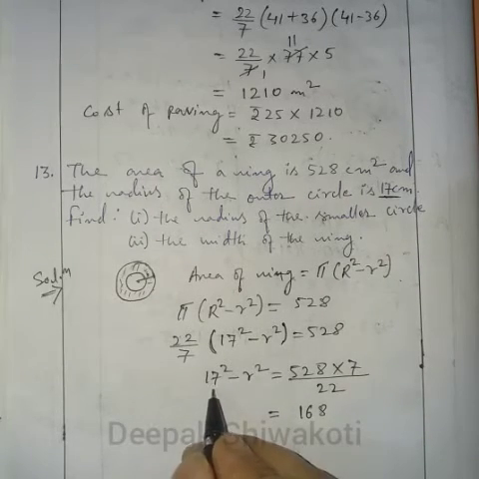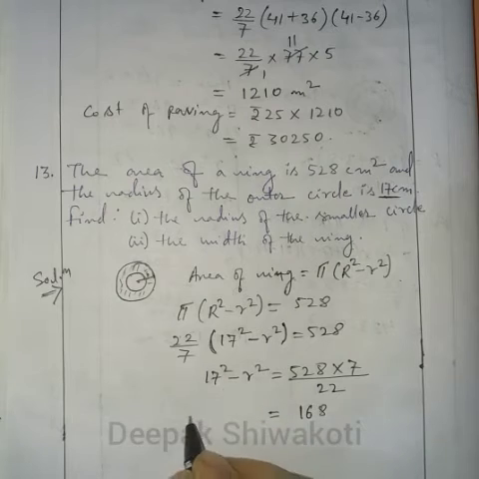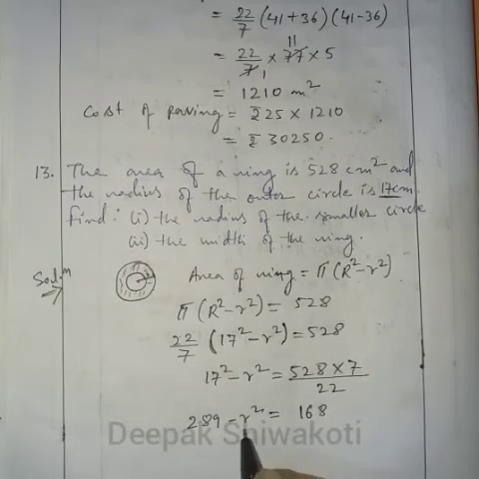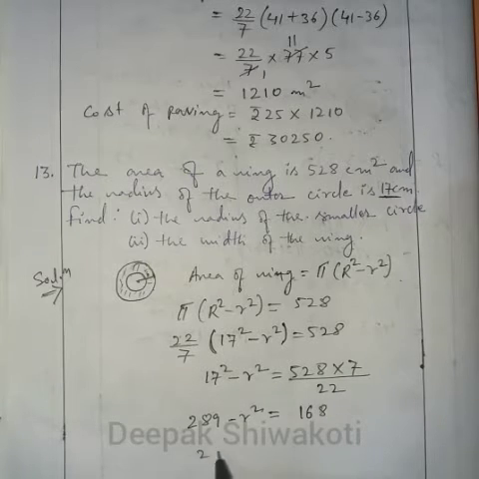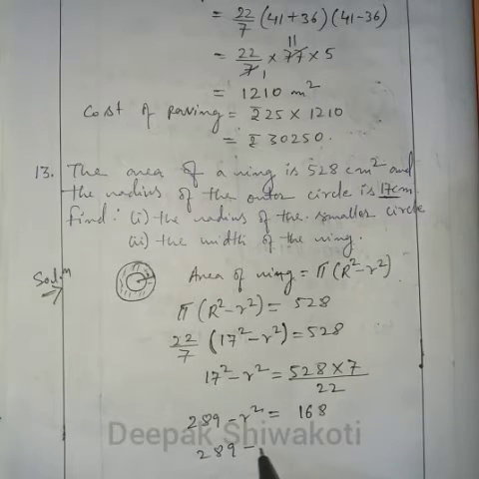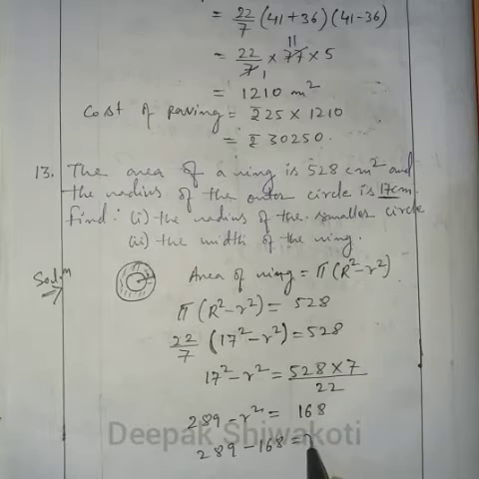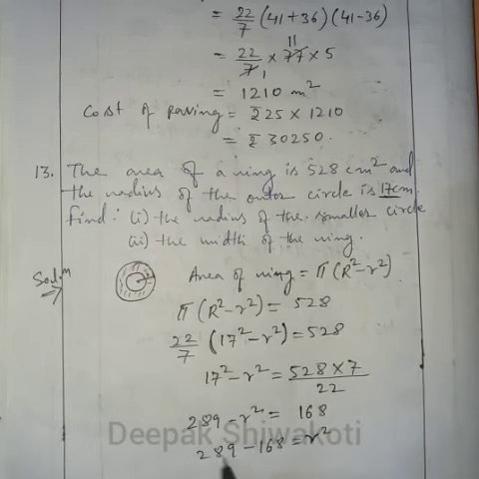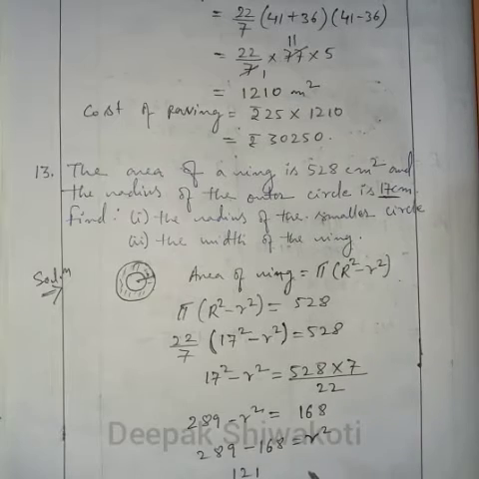Square of 17 is 289 minus r². So r² will be 289 minus 168. This goes that side, so the minus sign will be gone. Then the difference of this is 121.